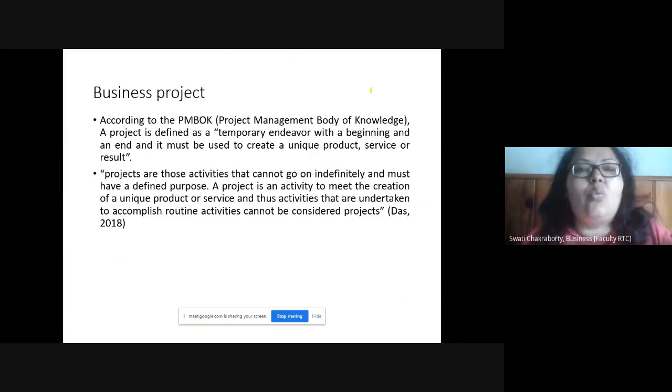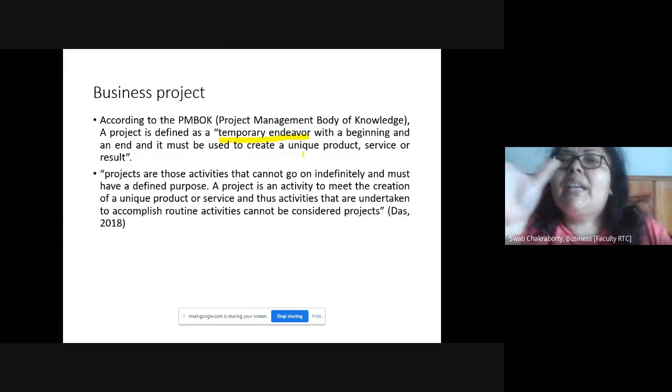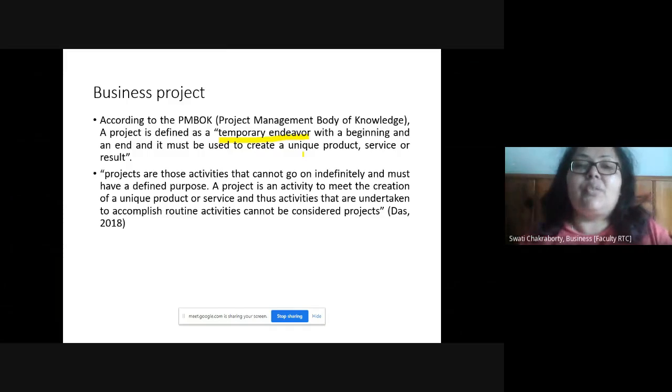So, what is a business project? A business project is a temporary endeavor. Temporary because it has a limited span. Whenever there is a problem or an opportunity and you need to decide how to go about it or solve it, there's a definite time span. So it's temporary, which is why it has a beginning and an end.